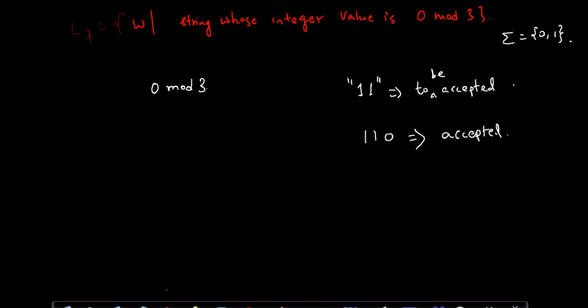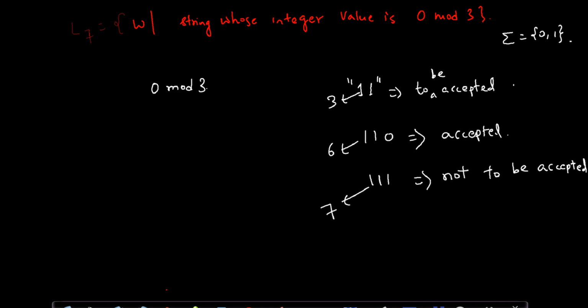And if it is like 1 1 1, then this is not to be accepted. The integer value of the first is 3, the integer value of this is 6, and the integer value of this is 7, right?